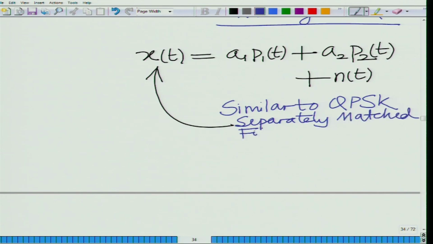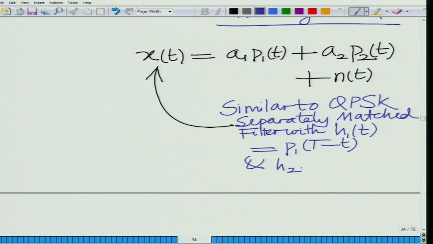matched filter with H1 t equals P1 T minus t and H2 t equals P2 T minus t.